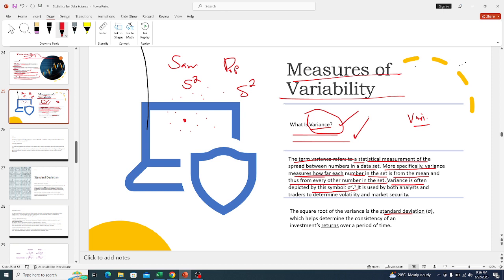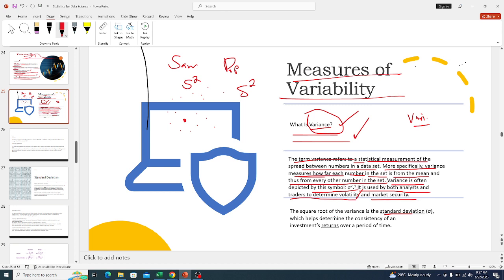Standard deviation can help us know the consistency in returns, and the risk of the asset which you are investing in.